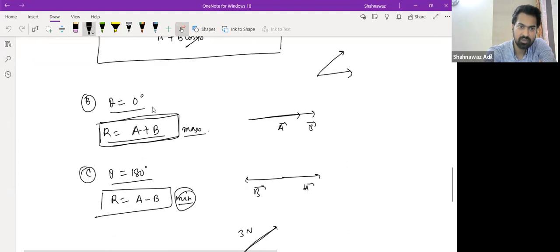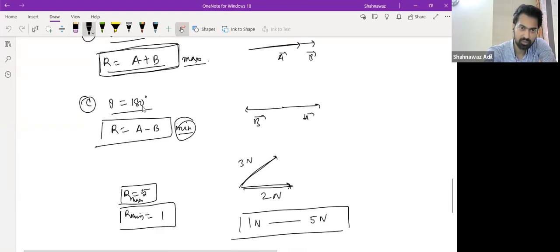For theta equals 0, the magnitude is A plus B, and the angle is in the same direction as A, so the resultant angle is also in the same direction. For theta equals 180 degrees, the magnitude is A minus B, and the angle is in the direction of A or B, whichever magnitude is larger.